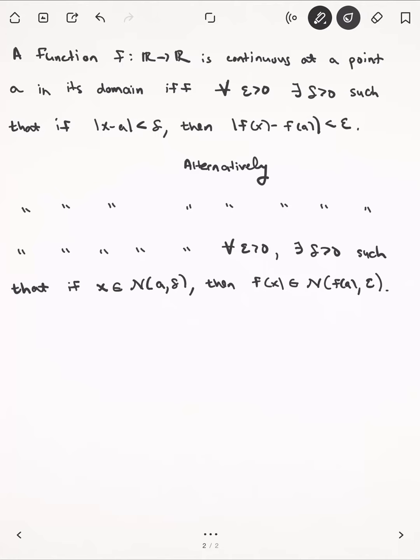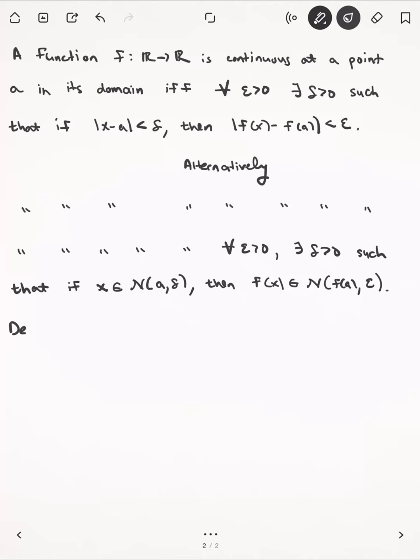And so you can think of things in terms of neighborhoods instead of distances, such as an absolute value. Okay, so we talked about neighborhoods.